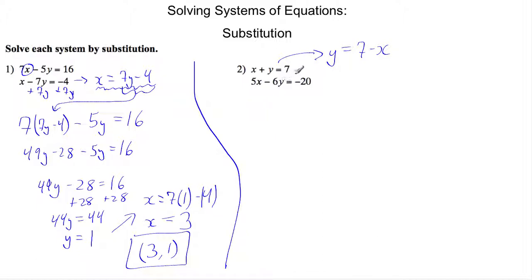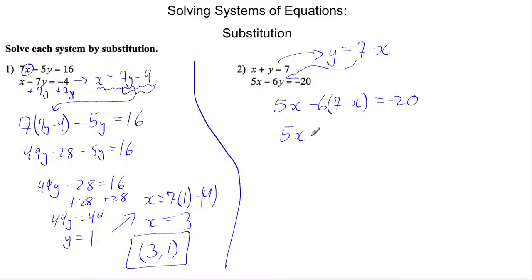So when I plug in the y, or substitute it into the second equation, which is 5x minus 6 times y, is equal to negative 20. Again, note, I replace the y, I leave it blank, and I substitute in 7 minus x.